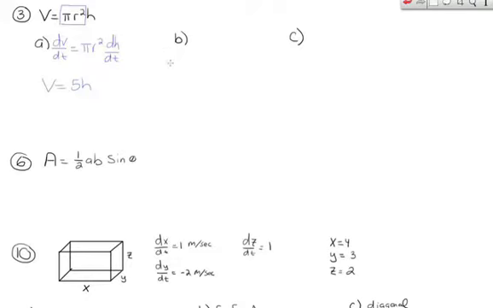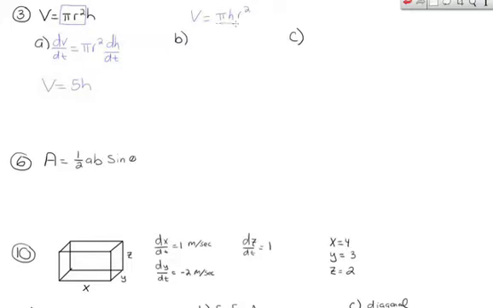So part B says do the same thing, but this time h is a constant. So for all practical purposes, I'm going to view this question now as saying V equals pi h r squared, just to make it easier.